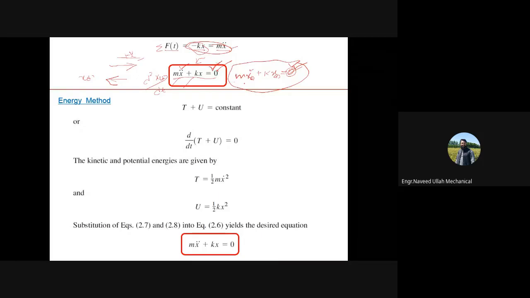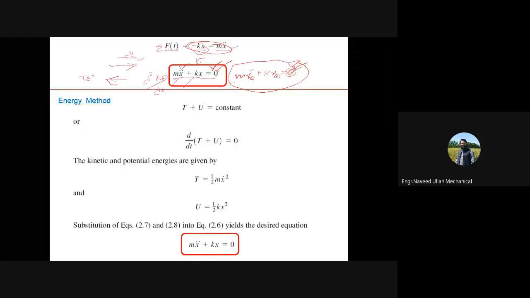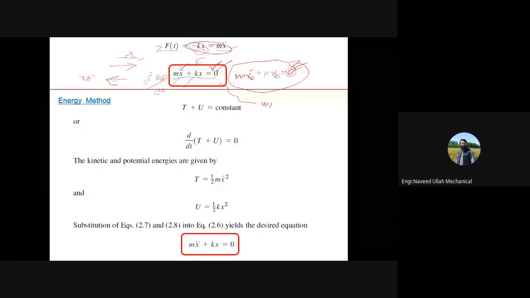Now from here, as I told you, you can find out, let's say this is mx double dot plus kx is equal to 0. So if you divide this by m, then you have x double dot plus k by m x is equal to 0.